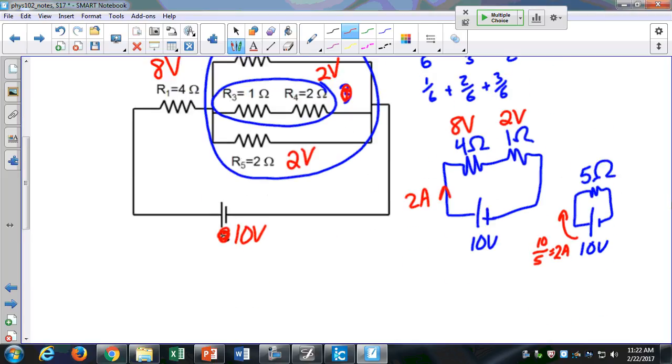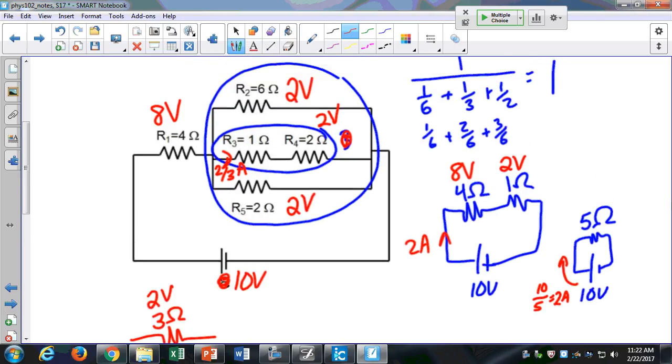Now, if I have 2 volts across a 3 ohm resistor, that's the equivalent of those two, I would have a current equal to V over R, which is 2/3 amps. So I have a current of 2/3 of an amp going through both of those.